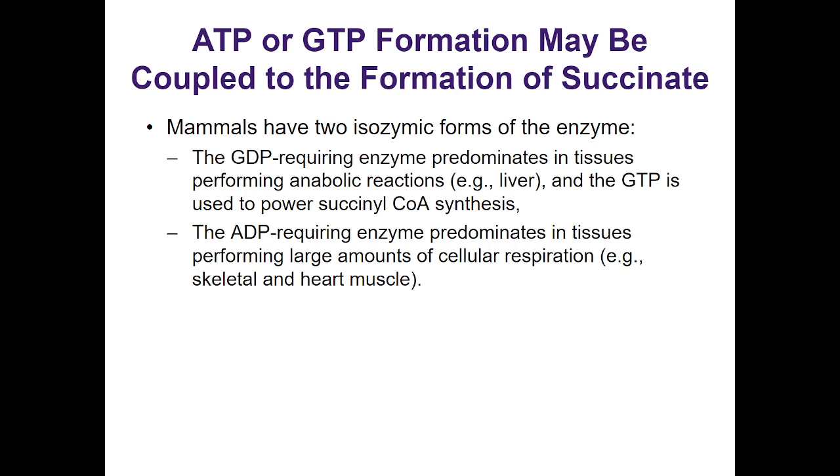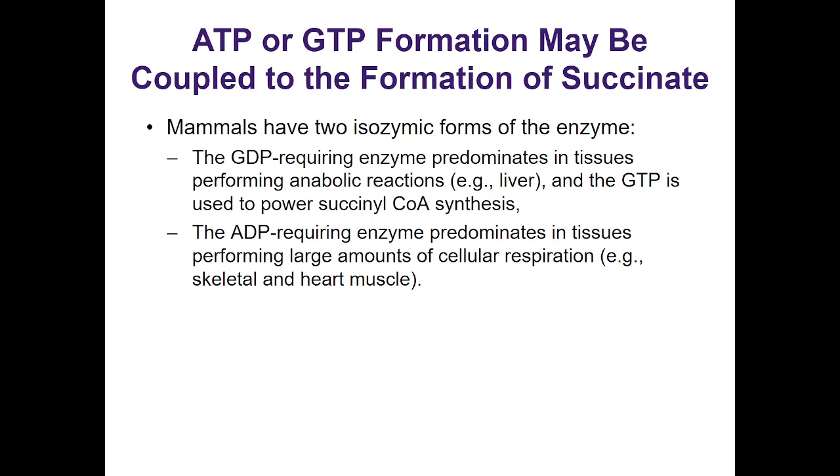So mammals have two isozymic forms of that enzyme. We have the GDP requiring enzyme. This will be predominant in tissues performing anabolic reactions like the liver. The GTP is going to be used to power the succinyl-CoA synthesis.